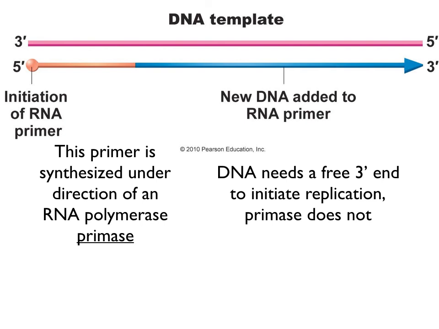Now, the other thing I want you to notice here is that this new strand is being synthesized from your left to your right. Remember, we talked about DNA being made in the 5' to 3' direction. And so this strand has been synthesized, but look at the original template strand.